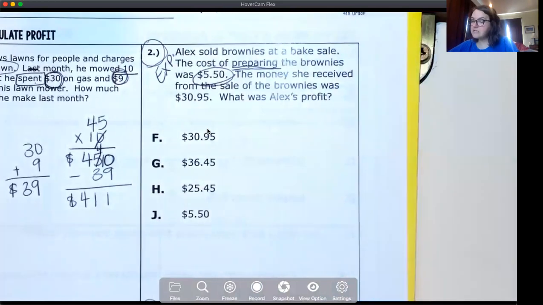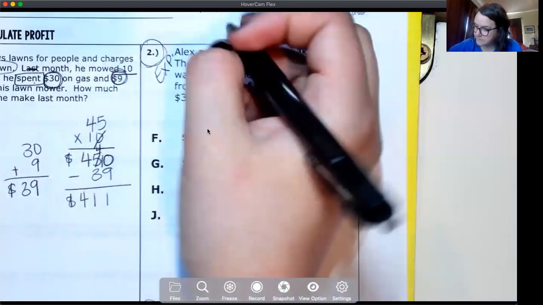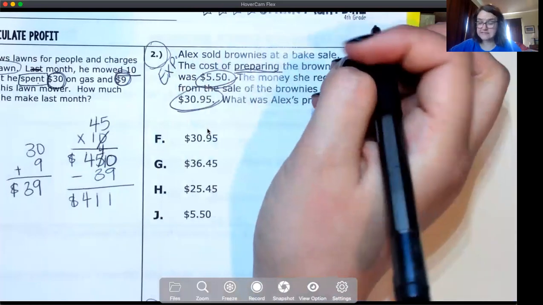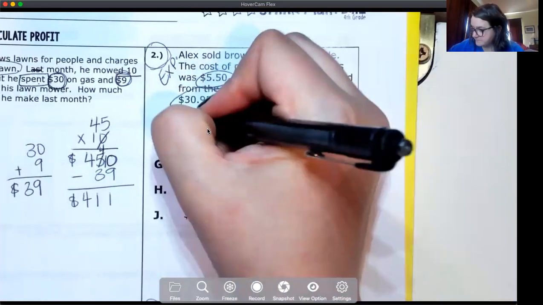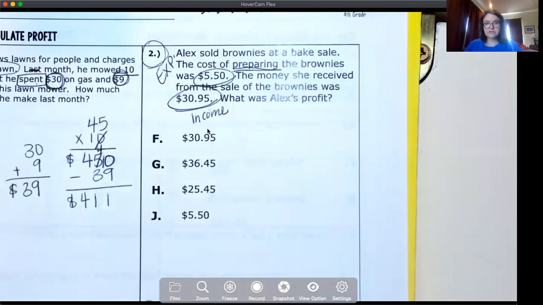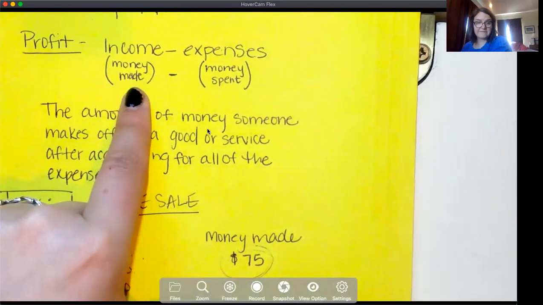The money she received from the bake sale of the brownies was $30.95. So this would be the income. So remember, we've got income minus expenses, and that's how we figure profit.